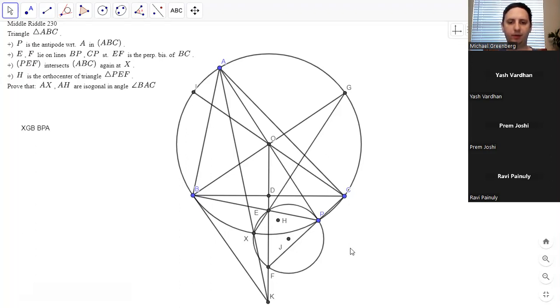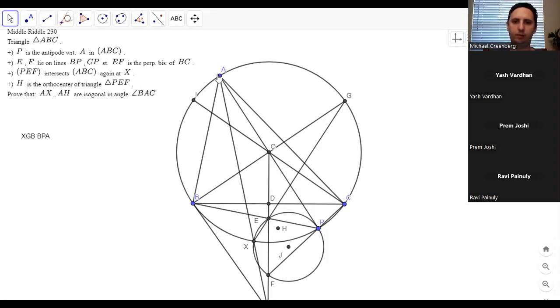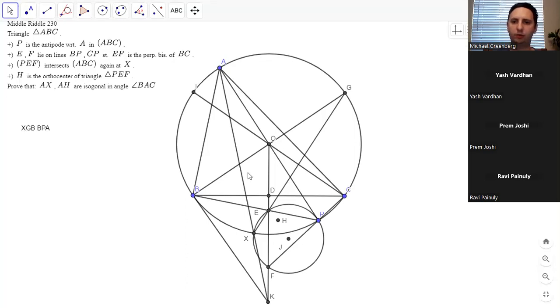And yeah, this looks very familiar. So I wouldn't be surprised if I've done this before on my channel. So the ratio of similarity PEF versus ABC. Yeah, we could try.